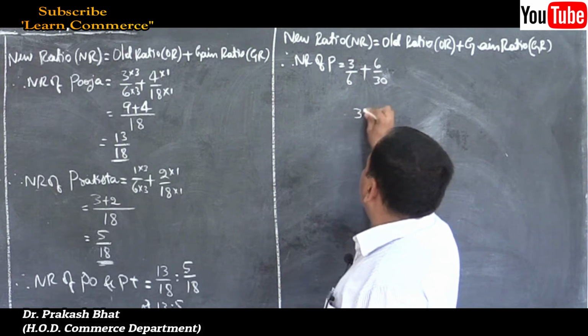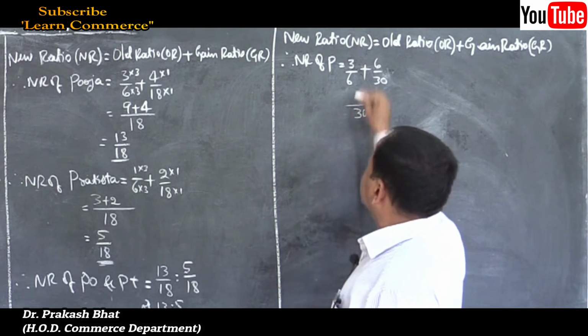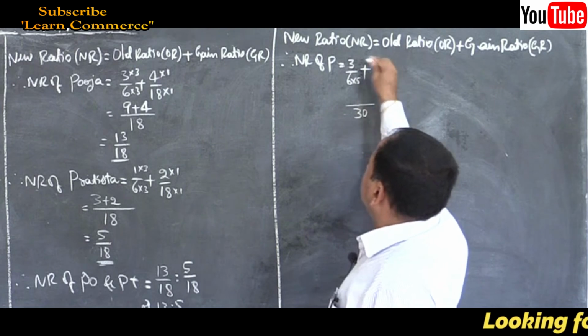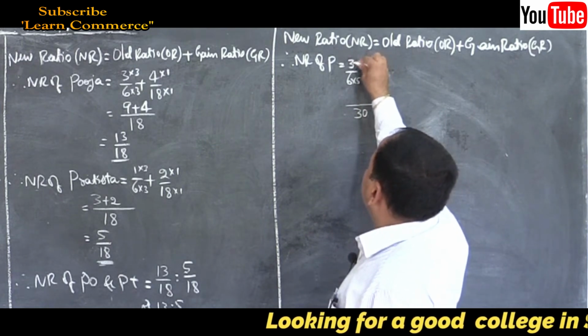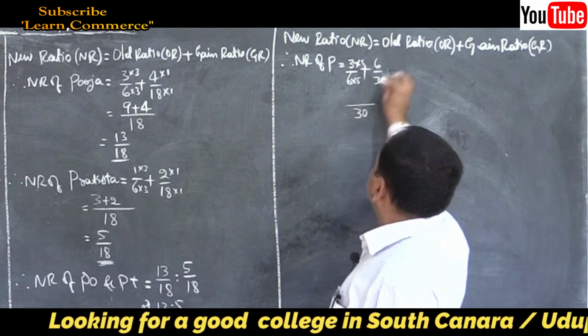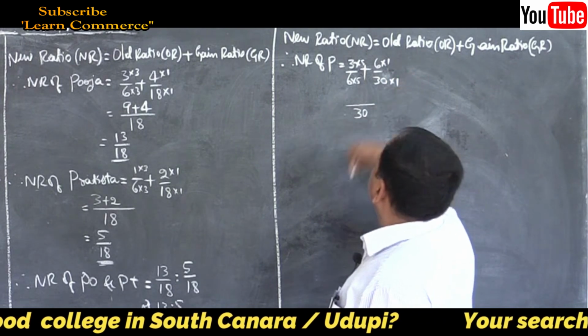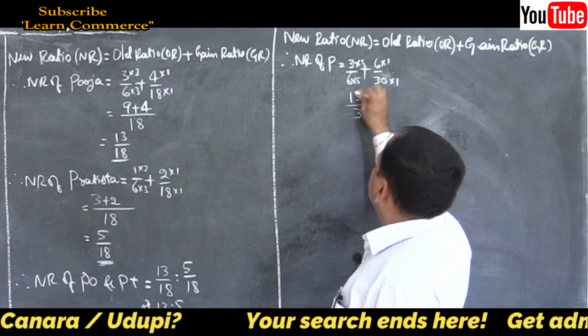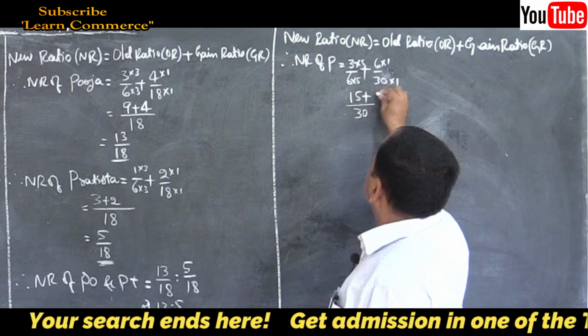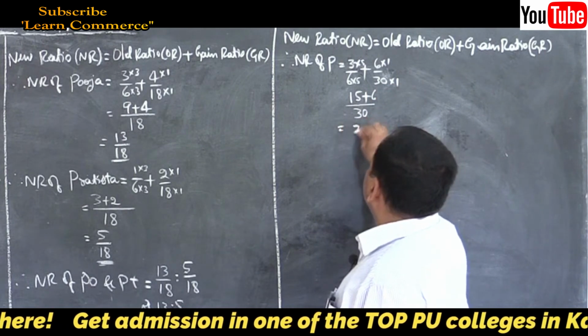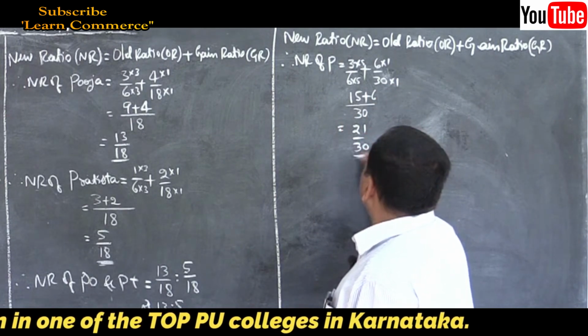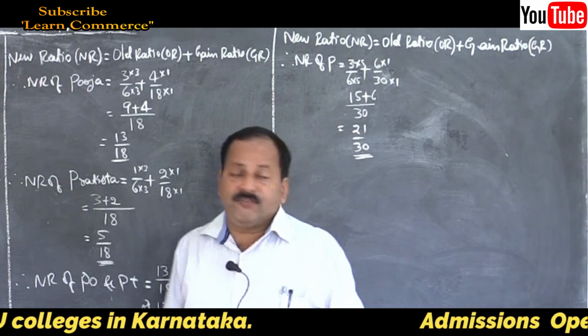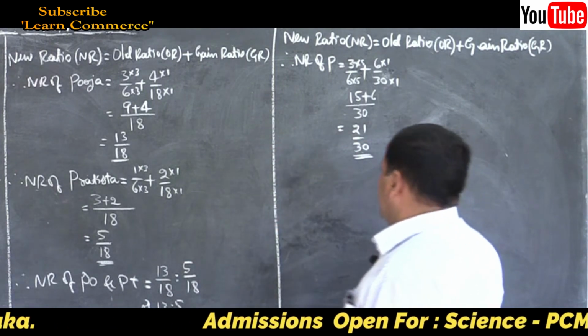Take 30 as the common denominator, divisible by both the numbers. 6 5s are 30. Multiply numerator also by 5. So 15 plus 6 1s are 6. So 21 by 30 is the new ratio of P.